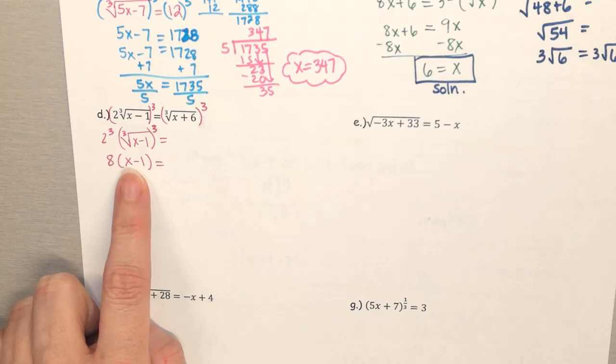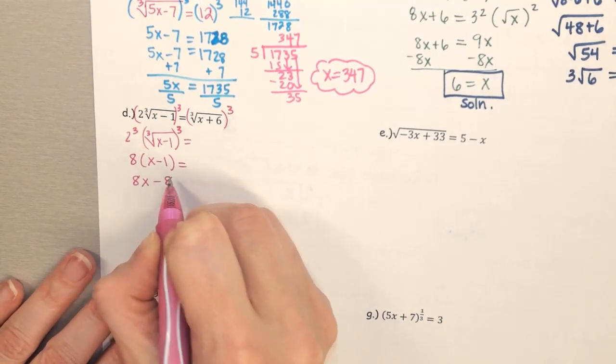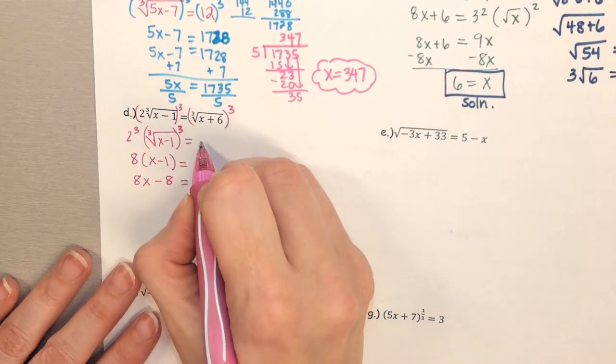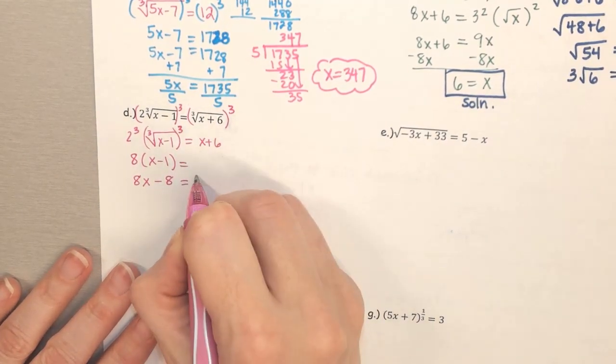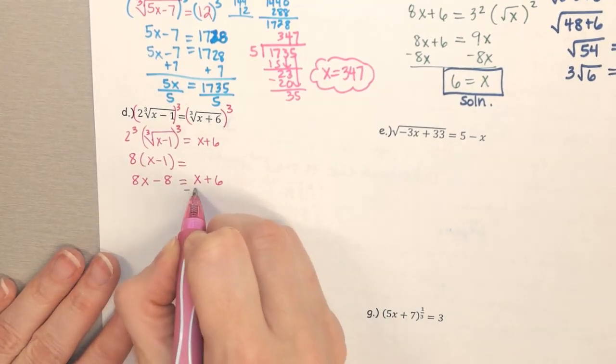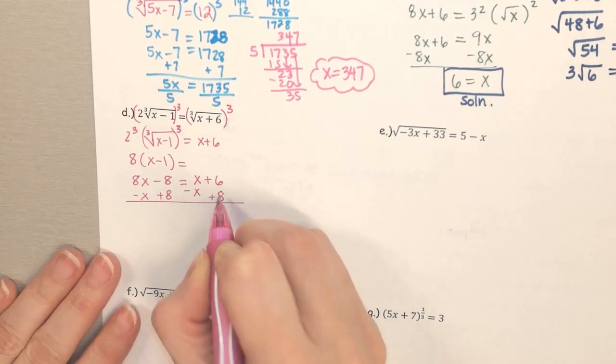So if you guys can double check, we're not going to have 8x minus 1, you're going to have 8x minus 8. And on this side it's just the x plus 6, so we can drop that down. And then again, we're just getting all of our x's on one side, all the numbers on the other.